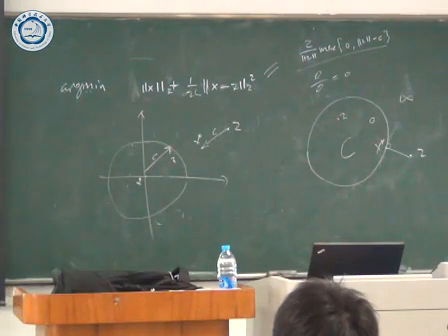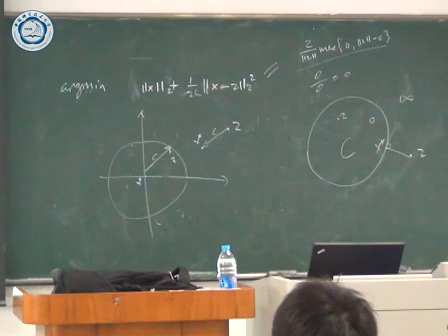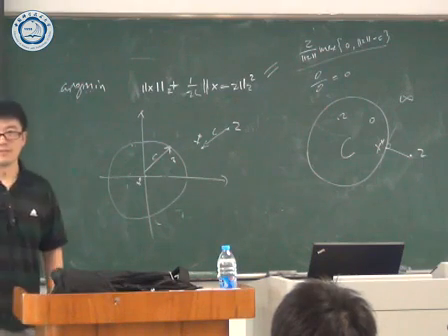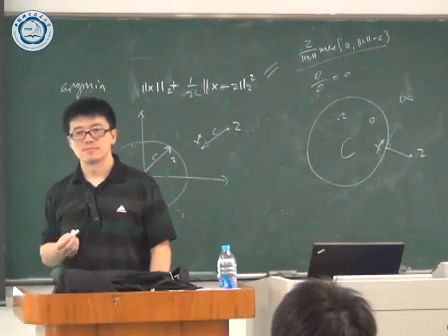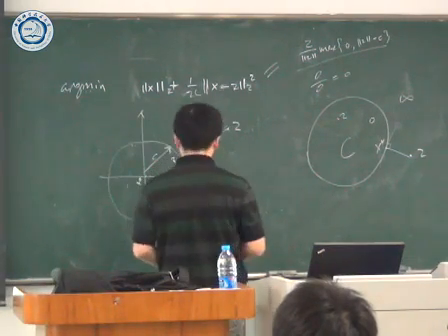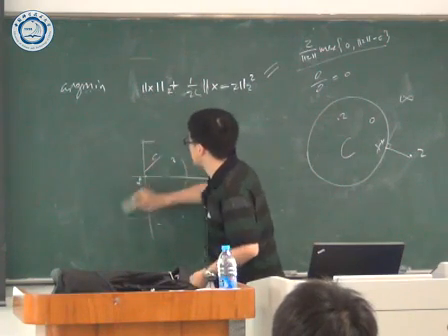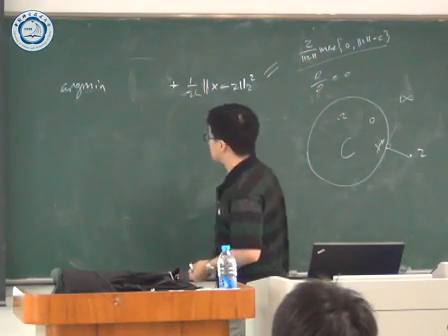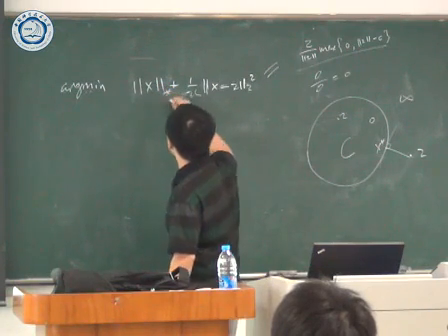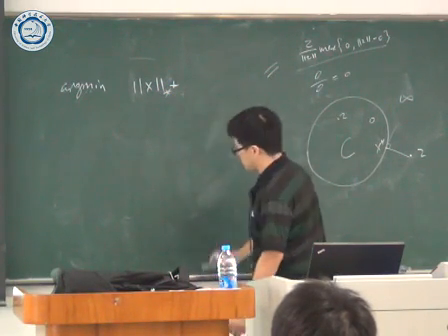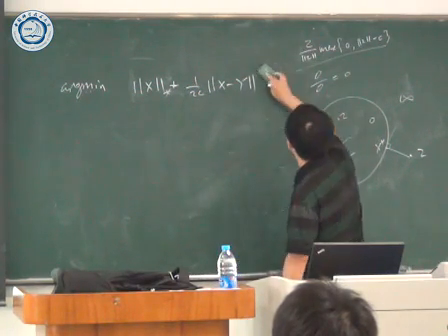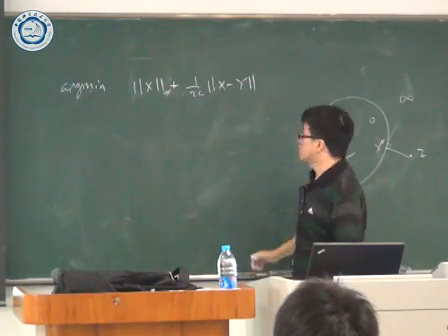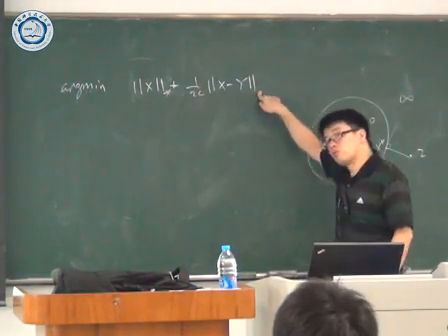So what about this guy? Nuclear norm. When you talk about matrices, this proximal operator is not defined with the matrix 2 norm, because the matrix 2 norm is the operator norm.